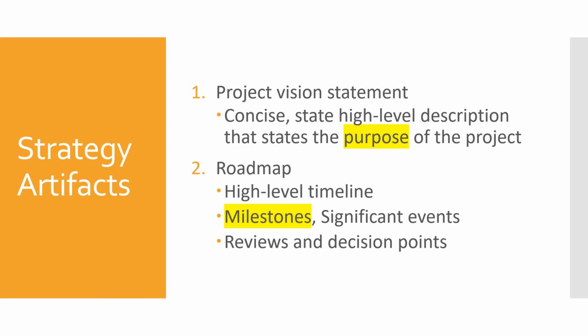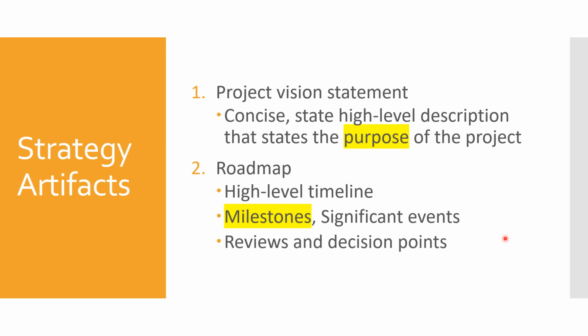It's a very brief statement or a very concise document which gives you high-level information about the project and its purpose. In the vision statement, team members will understand what the goal of the project is and what the project is looking to achieve. What is the target state of this project or the product? So it's very important to have the vision statement. It's part of your strategy artifacts.